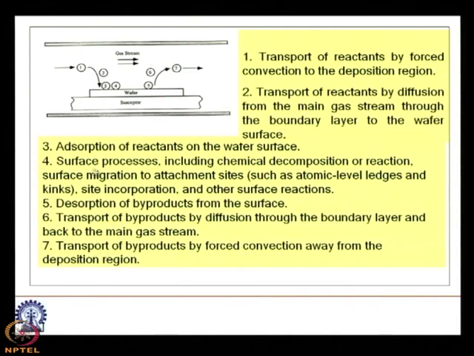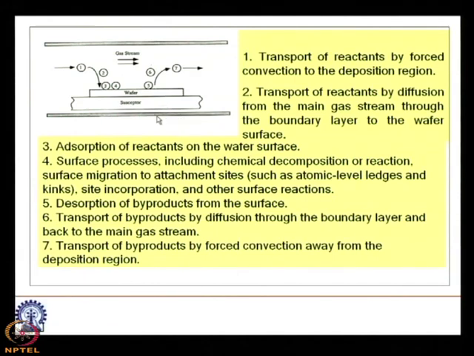Then number 4 is the surface process. This is a very complicated process and it includes many things. One is the chemical decomposition or reaction, because the temperature of the wafer is higher than any part of the reactor, because you see that the heating is done on the susceptor, just below the susceptor.